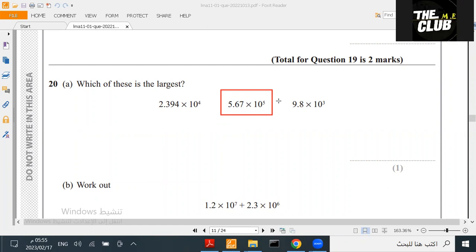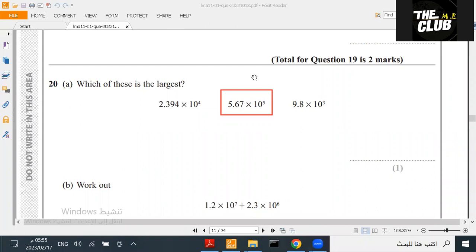You wouldn't say it's the biggest, because you have to change it to standard. So you have to make them all standard first to check, and then you can check the powers, because the power will change once you make it standard. Okay, let's move on.